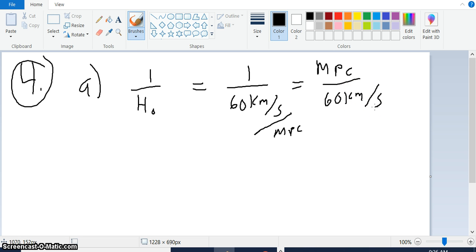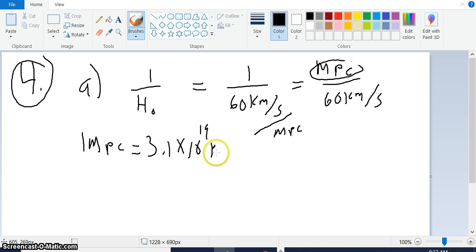If I convert the megaparsecs to kilometers, the kilometers will cancel. That's the basic idea. Just to remind you, one megaparsec is 3.1 times 10 to the 19th kilometers.